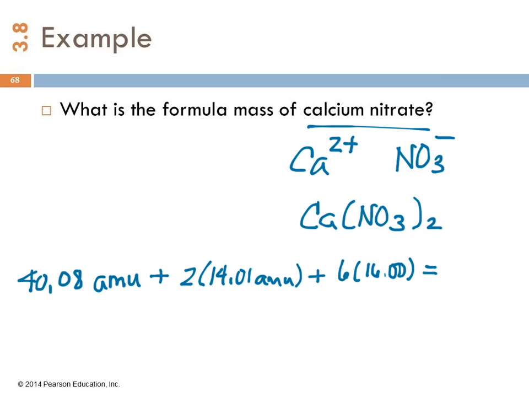Don't go down to 2. You're going to introduce some rounding errors, and Mastering Chemistry will get unhappy with you. So my calculator is showing me 164.1. The unit would be atomic mass unit.